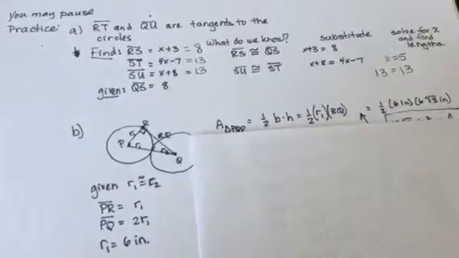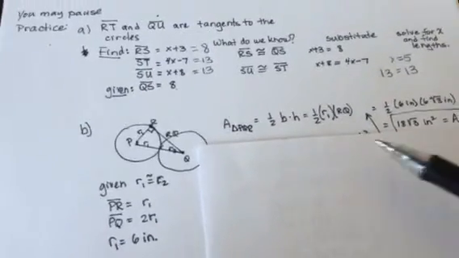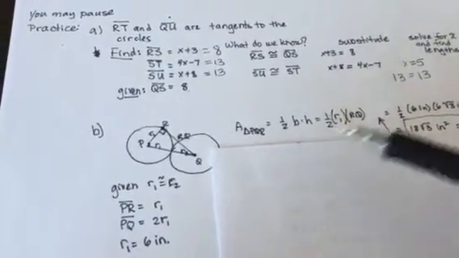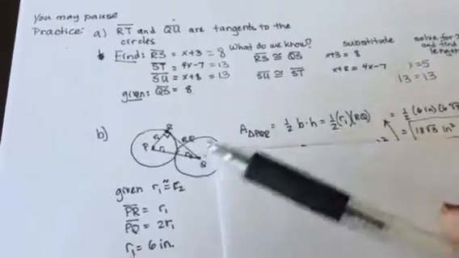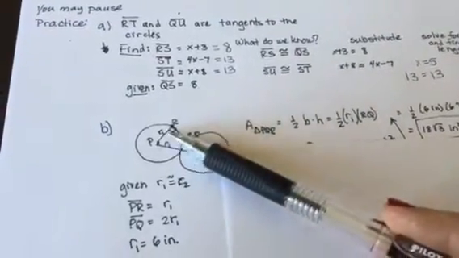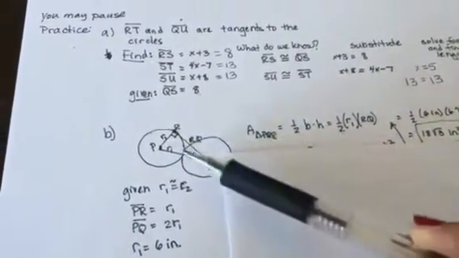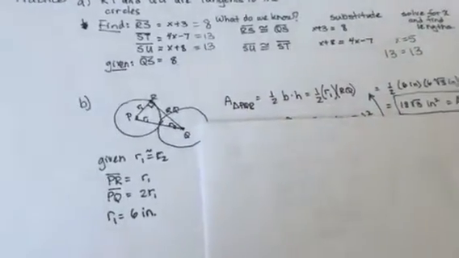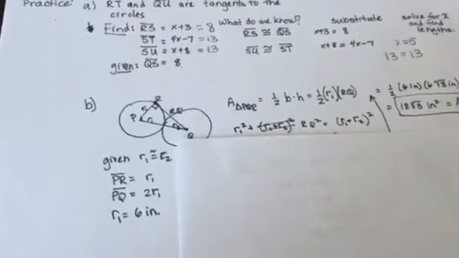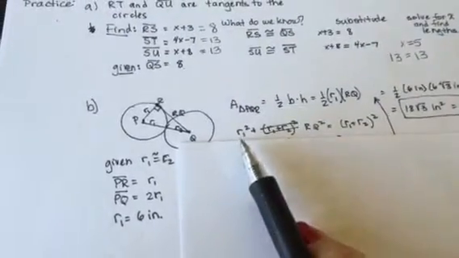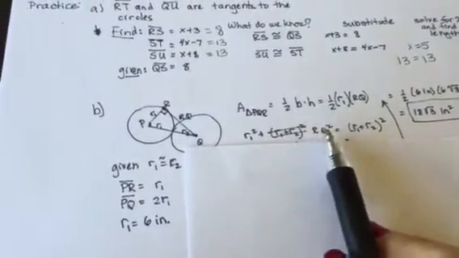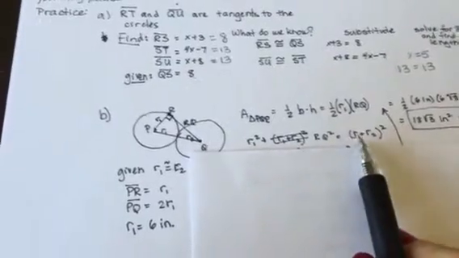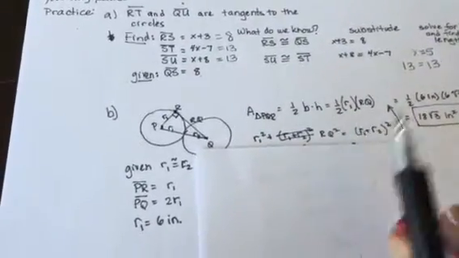Well, what is the area of our triangle? It equals 1/2 base times the height, which equals 1/2 times what I'm calling the base here, R1, and the height, RQ. RQ we don't have yet, and it is one of the sides of our triangle. Using the Pythagorean theorem, R1 squared plus RQ squared equals the quantity radius 1 plus radius 2, squared.